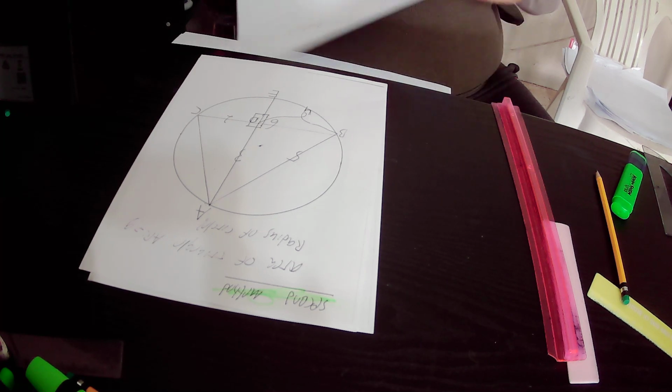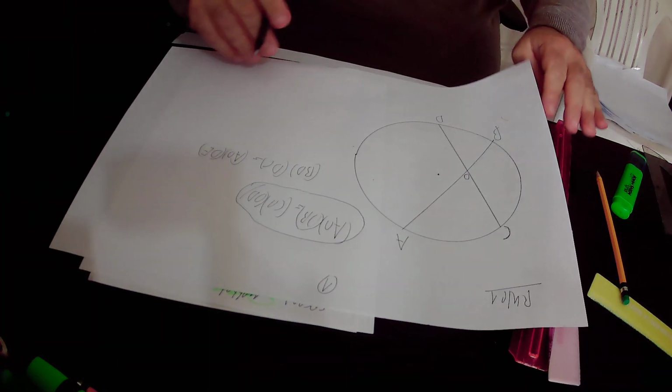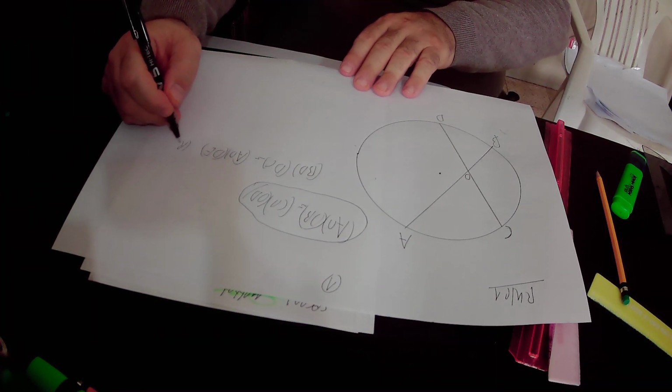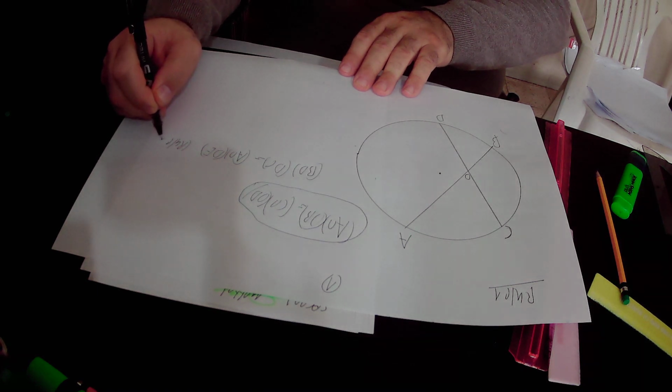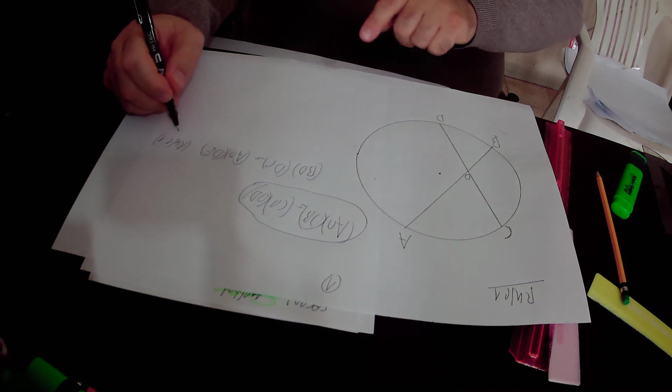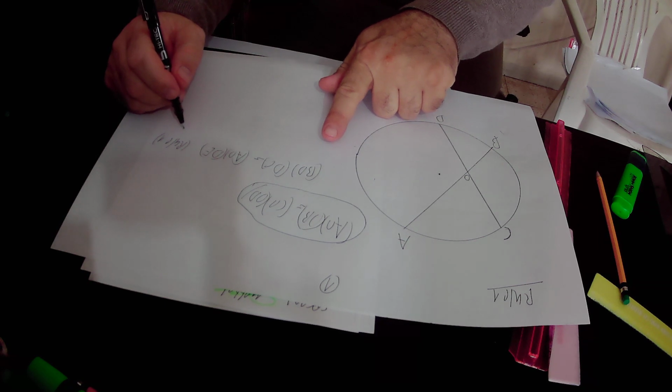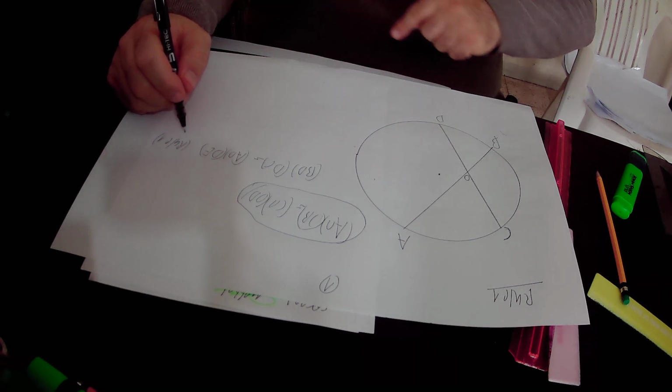And again, the implementation of rule number 1 in our drawing is the equation that BD times DC equals AD times DE.